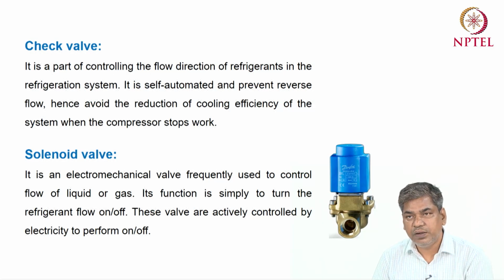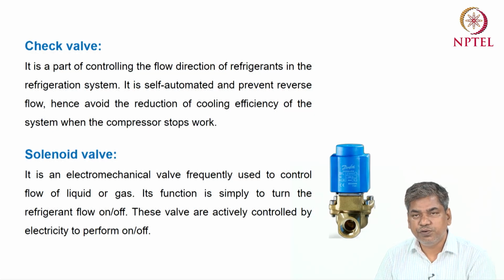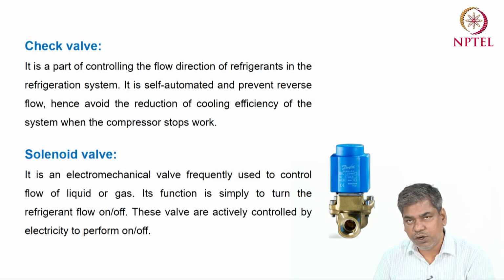This valve is controlled electrically to perform the on and off, so it is an on-off valve. If you use this valve, at any time we can get the flow on or off. So this is also one type of flow control valve.